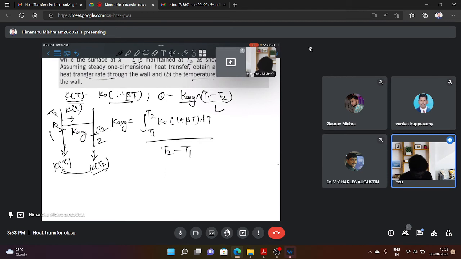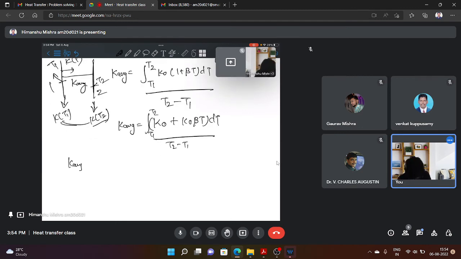So we can integrate this expression, k naught. Since beta is a constant and k naught is constant as well, we can write them outside the integral and then we can evaluate.